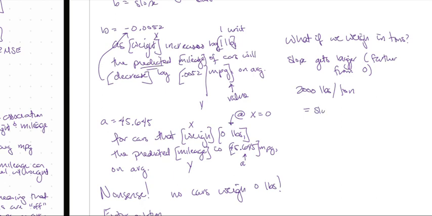So our slope is now going to be 10.4 miles per gallon per ton.